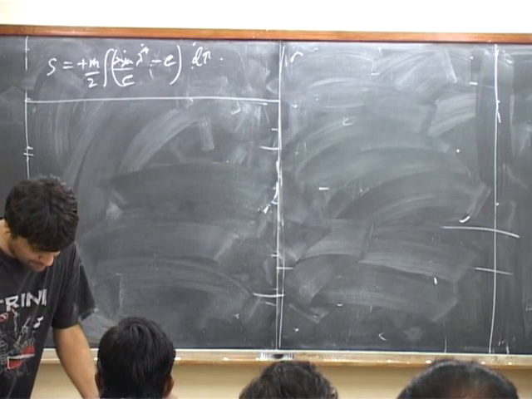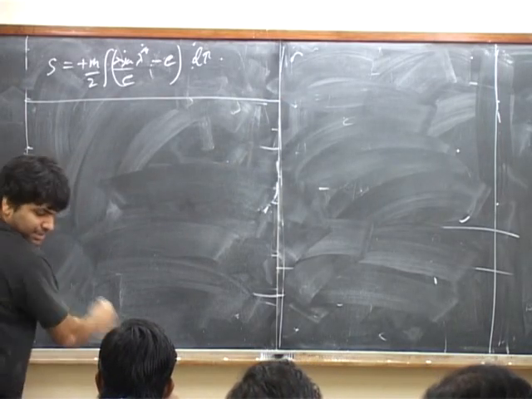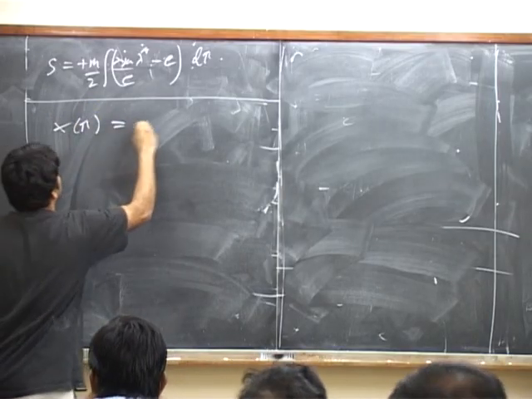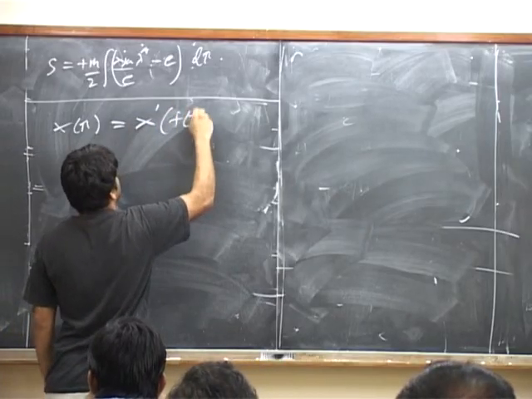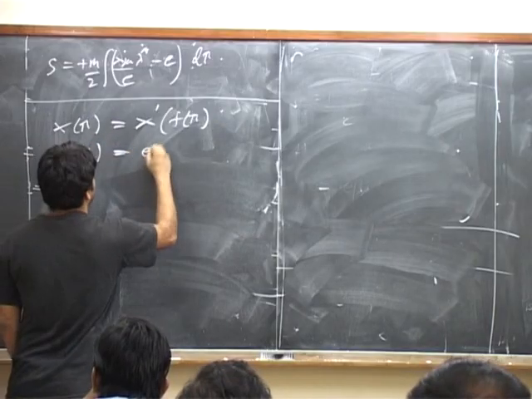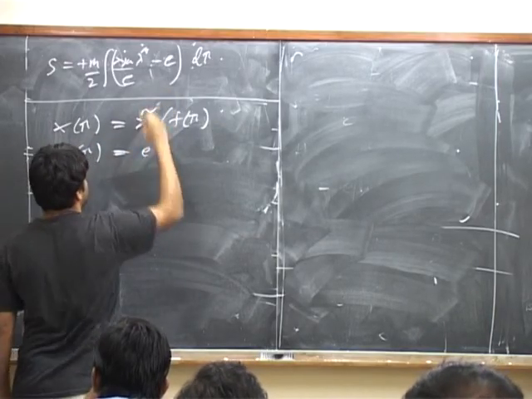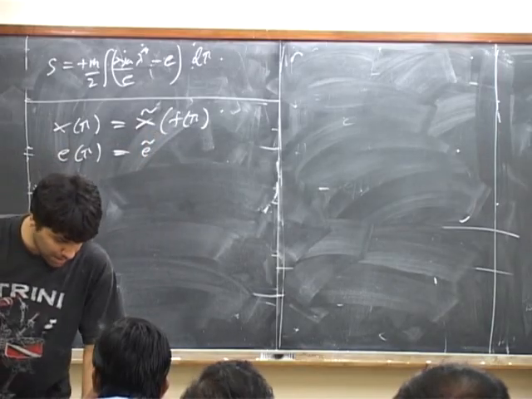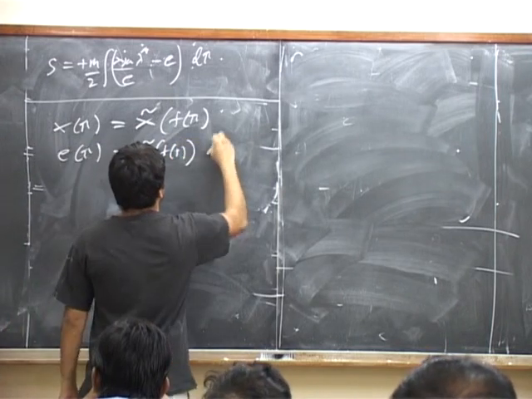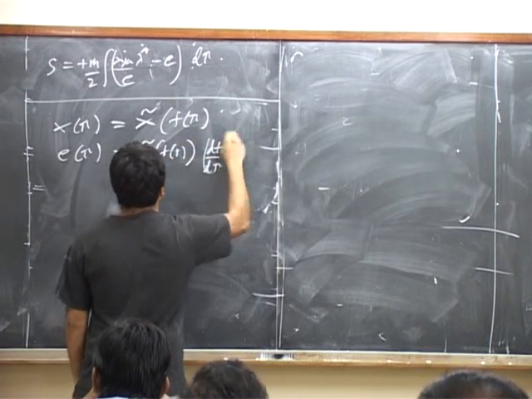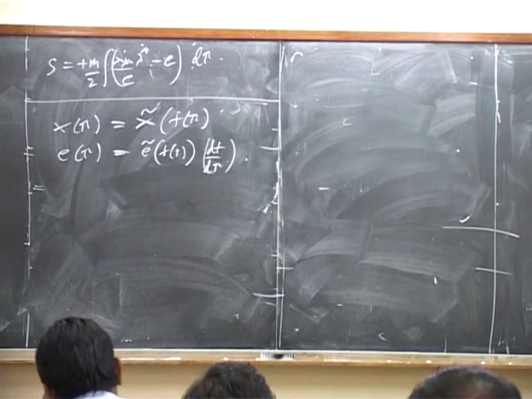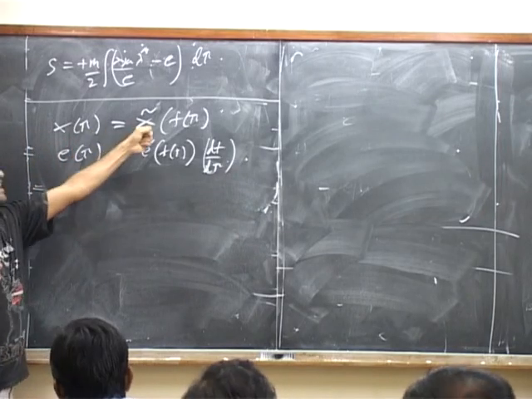Suppose you make the substitution x of tau is equal to x prime of f of tau, and e of tau is equal to e tilde of f of tau times df by dtau. So I've got a set of variables, and I rewrite the action with this variable change.